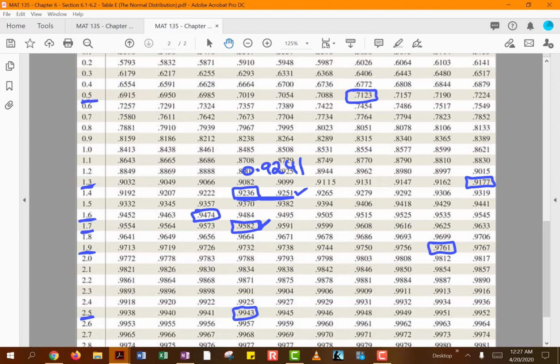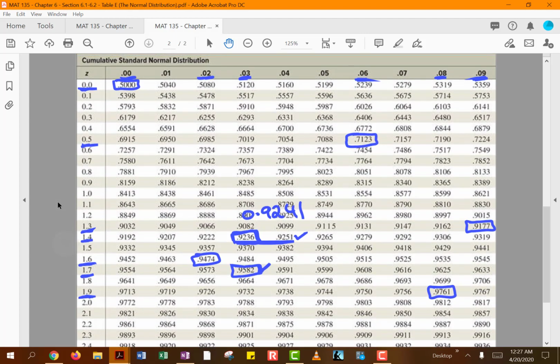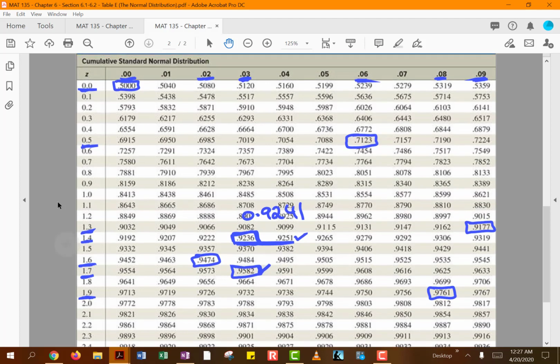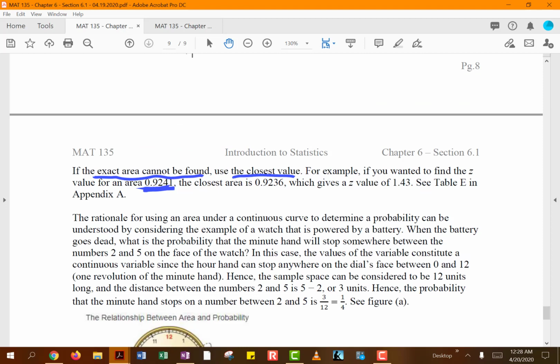So of course our closer value is going to be 0.9236, which means we use its z-value, which is 1.4 over here and 0.03 over here.